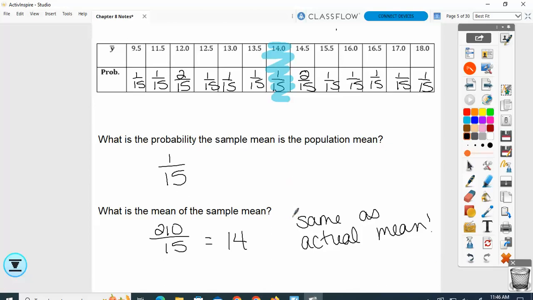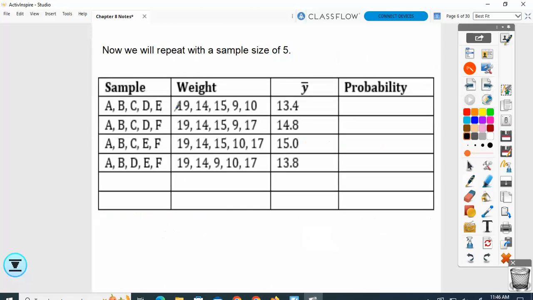I want to do the same thing, but this time I'm going to allow you to take 5 of the 6 pumpkins for your sample. So basically, you have to leave out 1 pumpkin each time. I've listed some of the options.